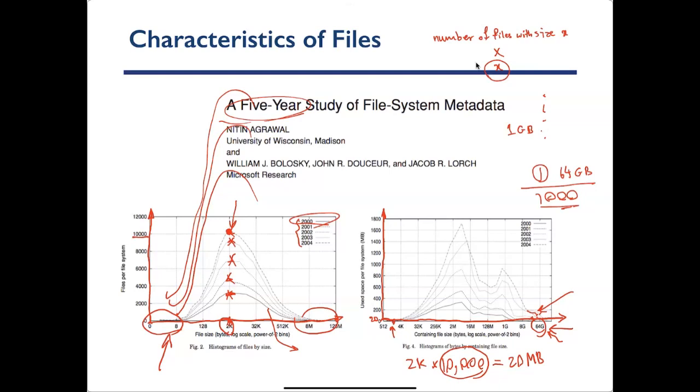But anyhow, apart from the why of this, let's look at the observation. The observation here is that the majority of the space in our storage goes to files that are small, not that small, not 2 kilobytes, but relatively small files of 2 megabytes, let's say.